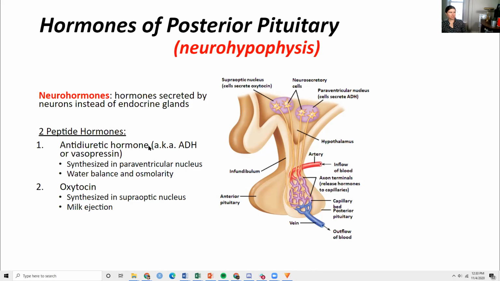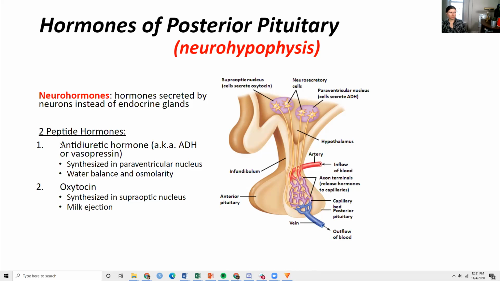So we think of these as being neurohormones, and we'll sometimes refer to the posterior pituitary itself as the neurohypophysis, because the way the posterior pituitary works is basically we have neurons, their cell bodies are up here, right, in the hypothalamus. Their axons extend into the posterior pituitary, where they release their neurotransmitters.